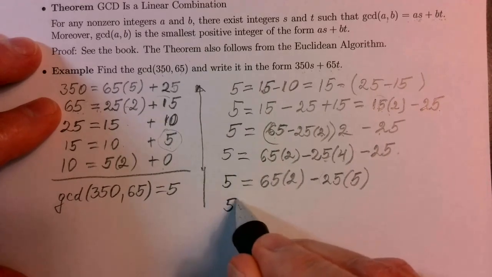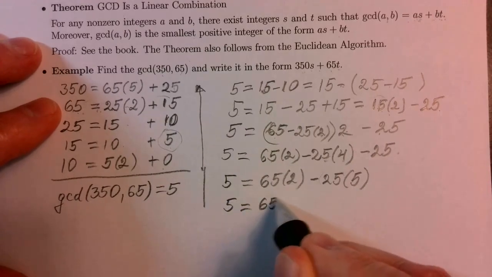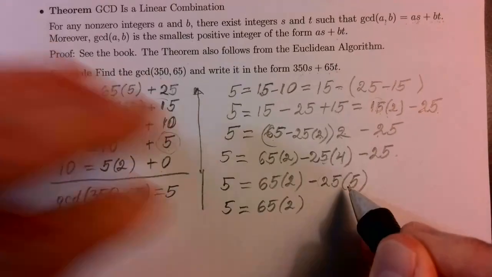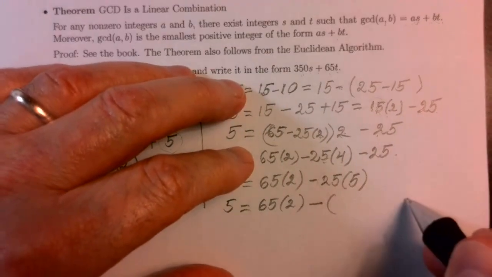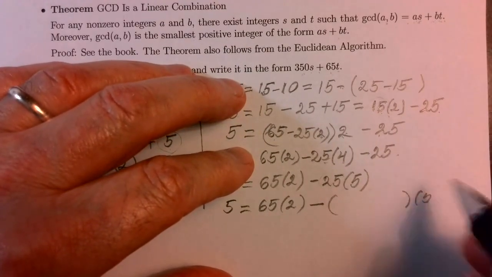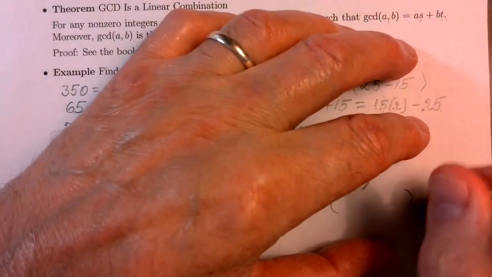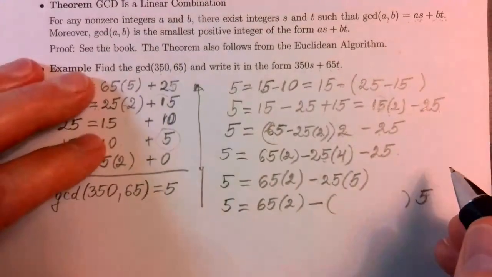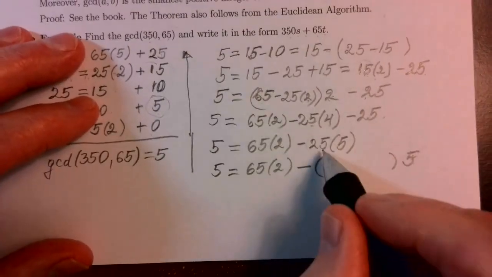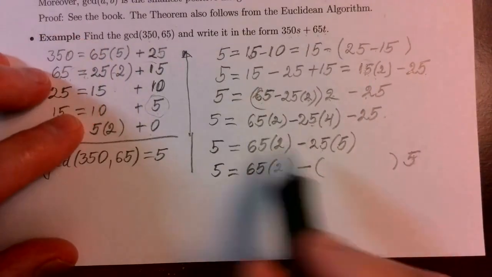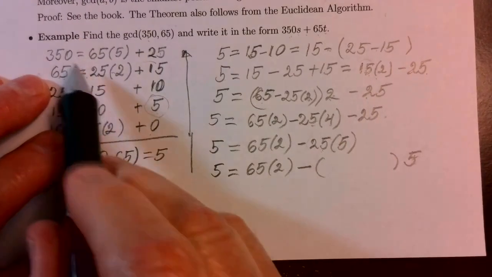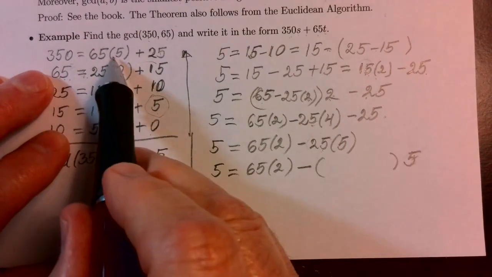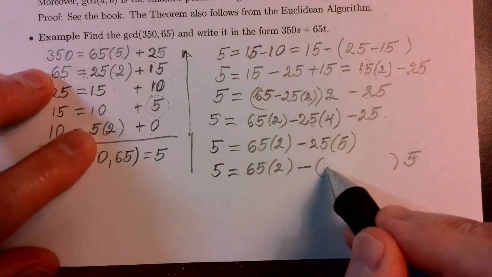So I copy. Here we have just 5. Instead of this 25, we'll write 350 minus 65 times 5.